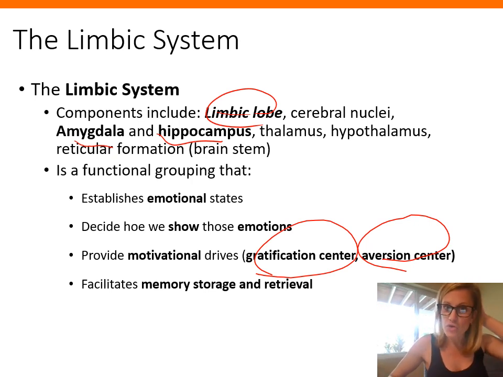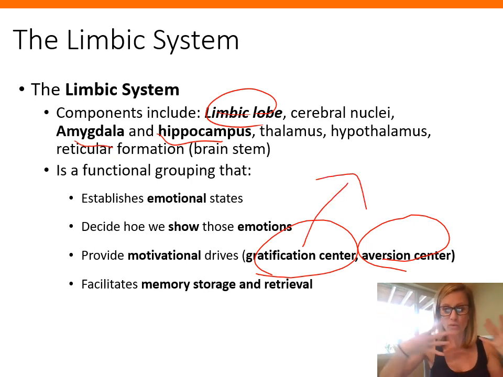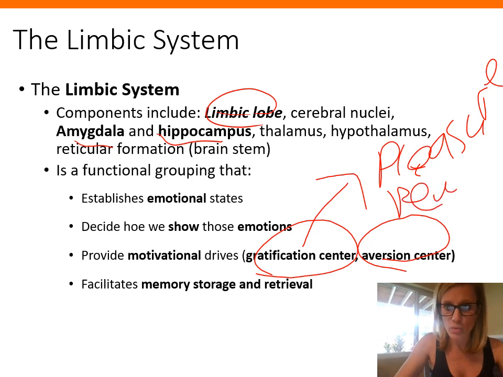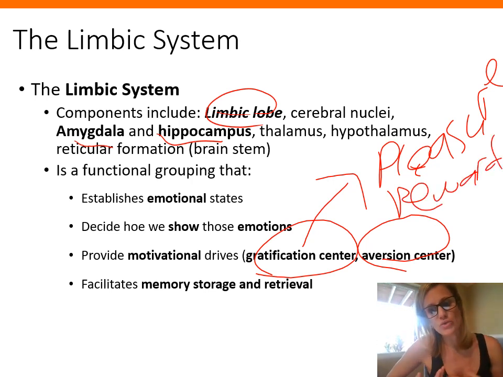When the gratification center is stimulated, when that part of the brain lights up and starts firing, the person tends to feel good things, right? So the person tends to feel pleasure or a sense of reward. Hence, they're more likely to do whatever behavior it was that stimulated this gratification center because it felt good when they did that.